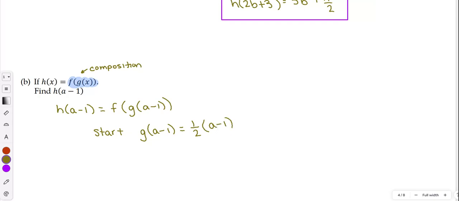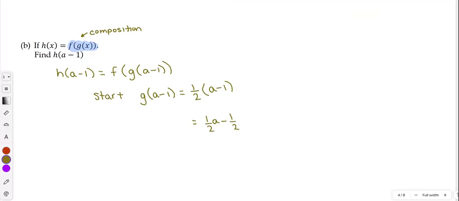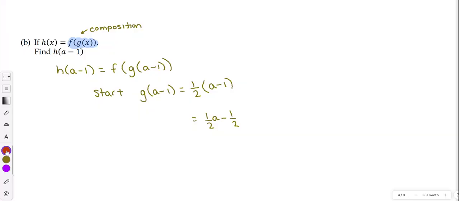I'm going to distribute that 1/2 to everything inside the parentheses, giving me 1/2 a minus 1/2, right? So we get an output, whatever that output is. Sometimes it's nice, sometimes it's not the nicest. What we're going to do now is take this output that we got for the g function, and input it into the f function, the next function.